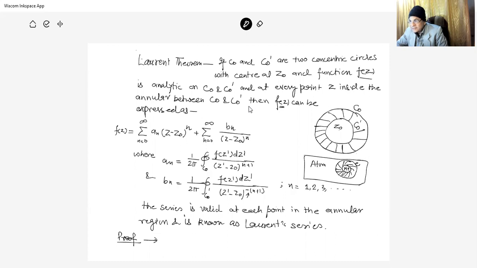The series is valid at each point in the annular region. In the case of the atom, the annular region is the orbital position, and this is known as the Laurent series.